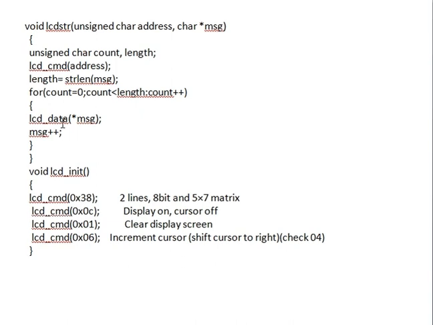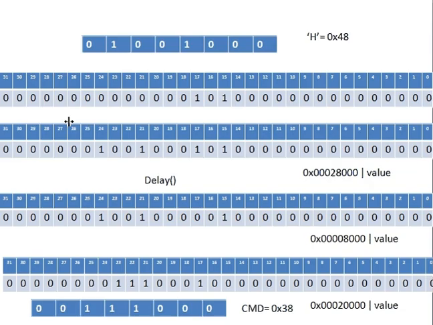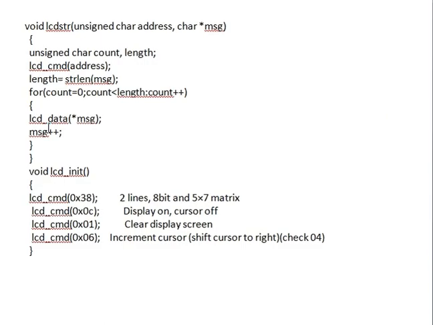LCD data star message, since we have incremented the pointer, now we have E. The ASCII value of E will be loaded, and it must be 46 or 45 if I'm not wrong, and that data would be over here, and it gets shifted and it will be bitwise ORed with this 2800. That is to say that this data you are sending effectively, give a delay and do this. So repeat this, and you'll get hello.